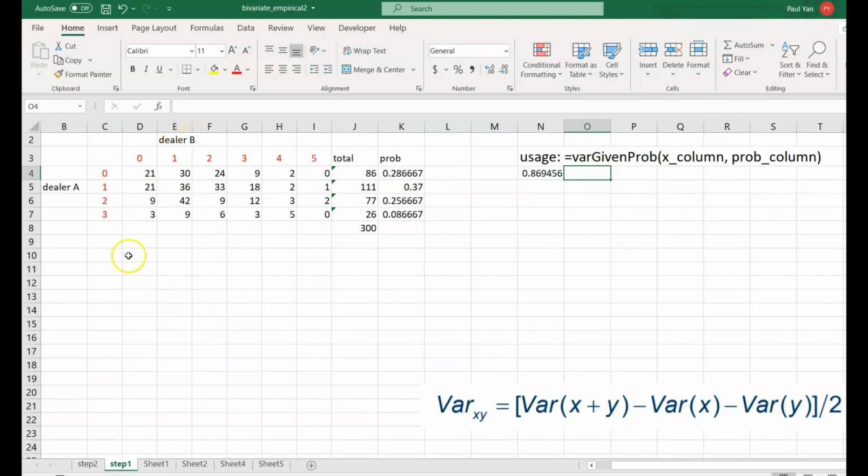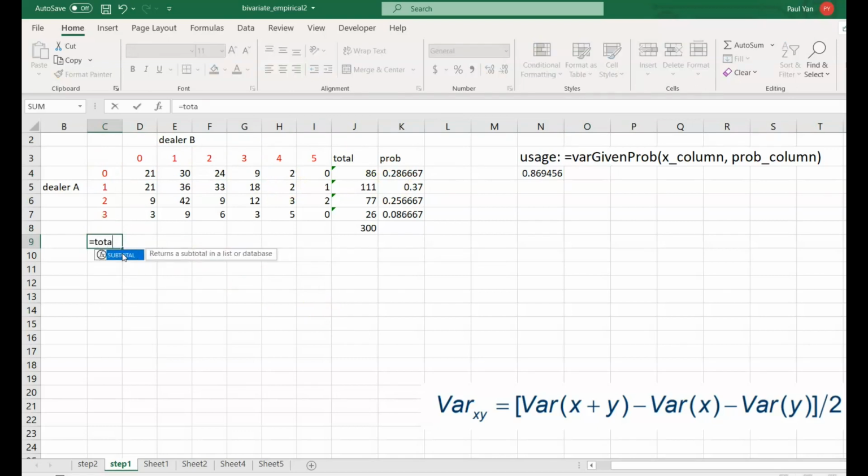Okay, and we know for the dealer B, there are 0, 1, 2, 3, 4, 5. There are 6 scenarios. So let's calculate total. The total will be summation. So how many days they fail to sell any cars?